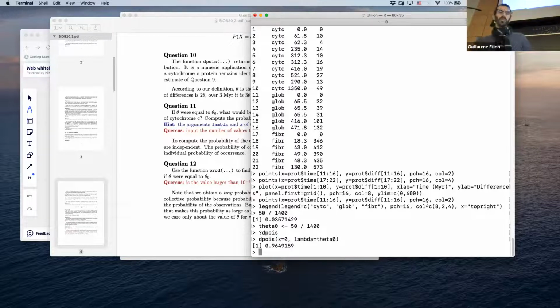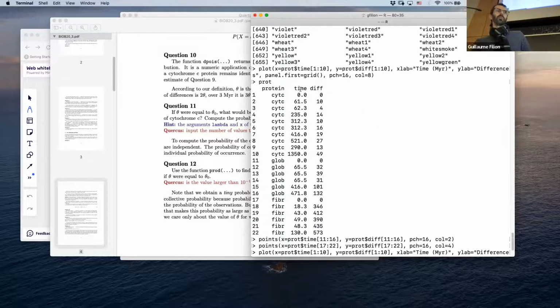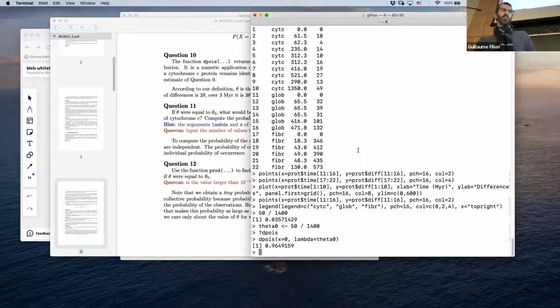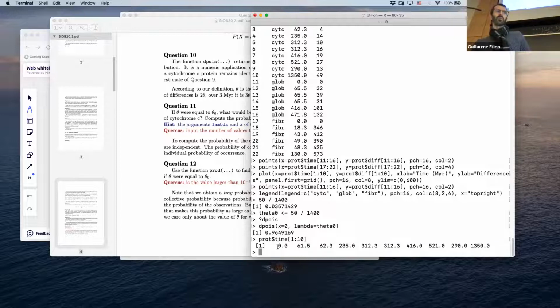So what we do is we take the time here and we say prot$time, that's the column time for the whole proteins, but I want 1 to 10. Remember, it's those values here, the ones that correspond to cytochrome C, and I multiply that by theta 0.